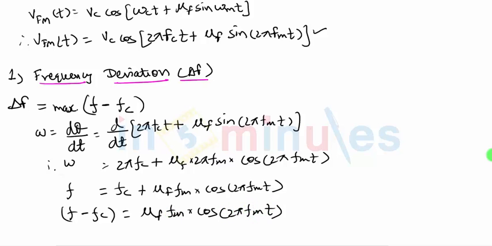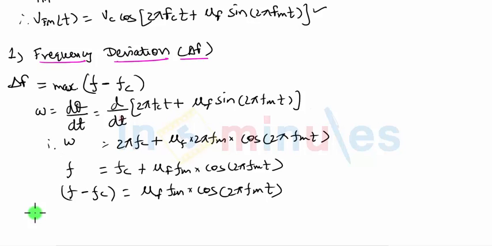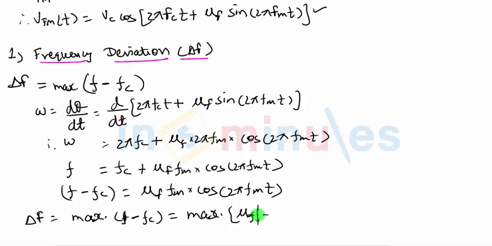And now we can derive the expression for delta f. So delta f for frequency modulation comes out to be the maximum of f minus fc, and f minus fc is this whole thing. So it will be the maximum of mu f into fm into cos of 2 pi fmt.